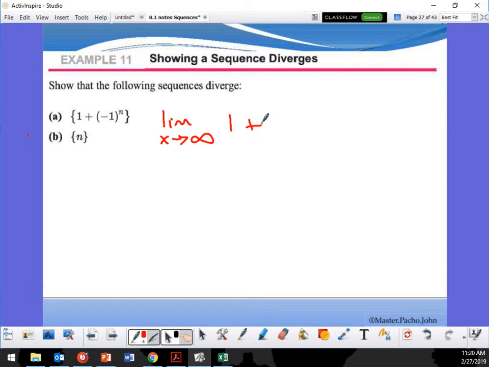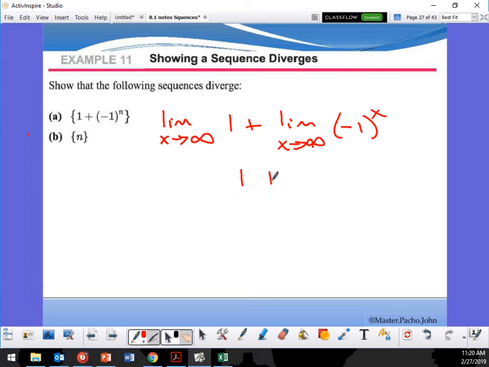Sorry, negative 1 to the x. There we go. So the limit as x goes to infinity of 1 is just 1.